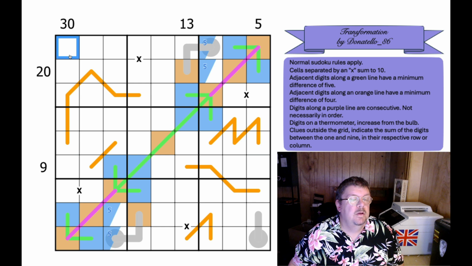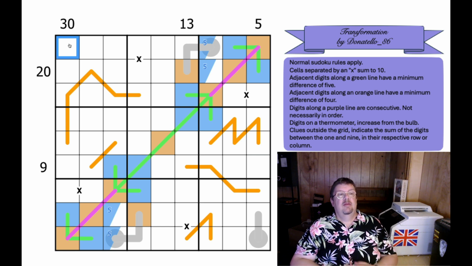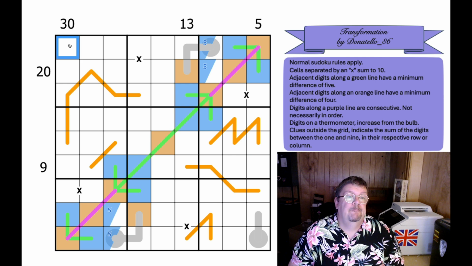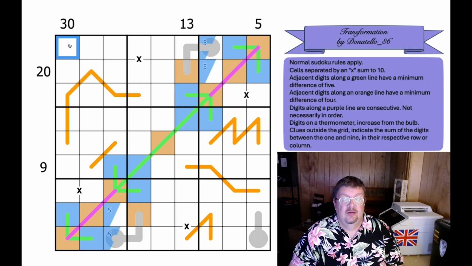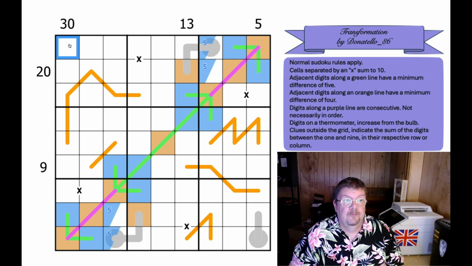Okay, so this 30 clue. So a secret about Sudoku is that the sum of all the digits in every row or every column or every box is 45, because it contains the numbers 1 to 9, and the sum of the digits 1 to 9 is 45.